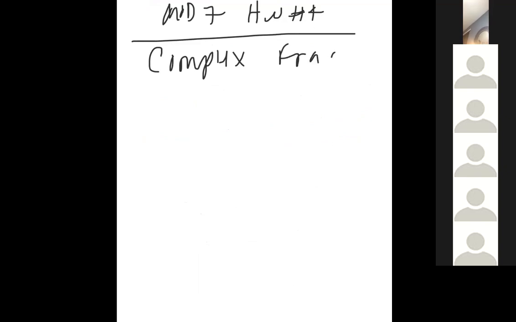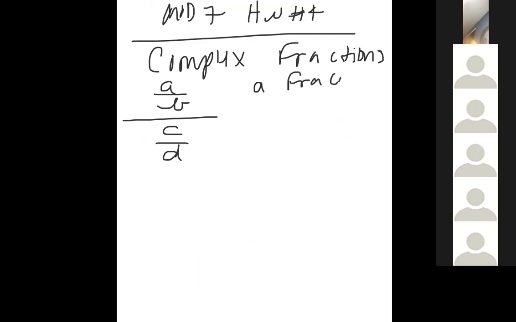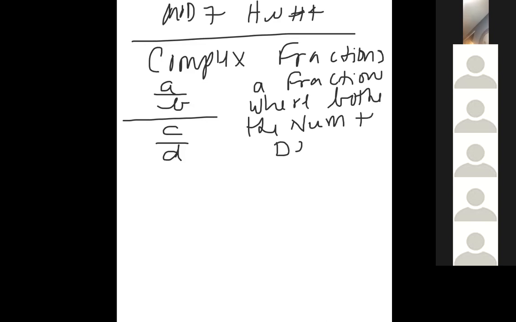Now, for the complex fractions, we're looking at a fraction where both the numerator and denominator contain fractions. So in other words, you have fractions within a fraction, all right?